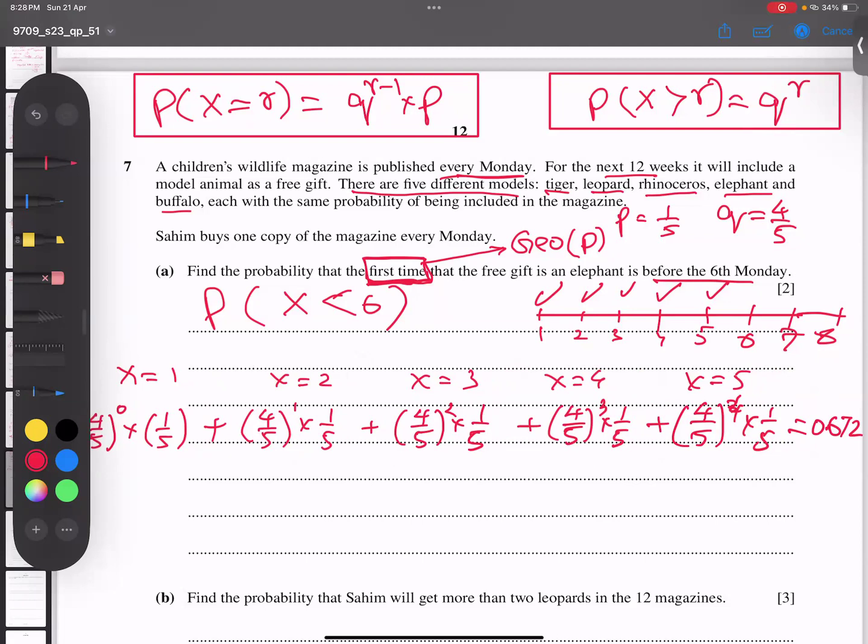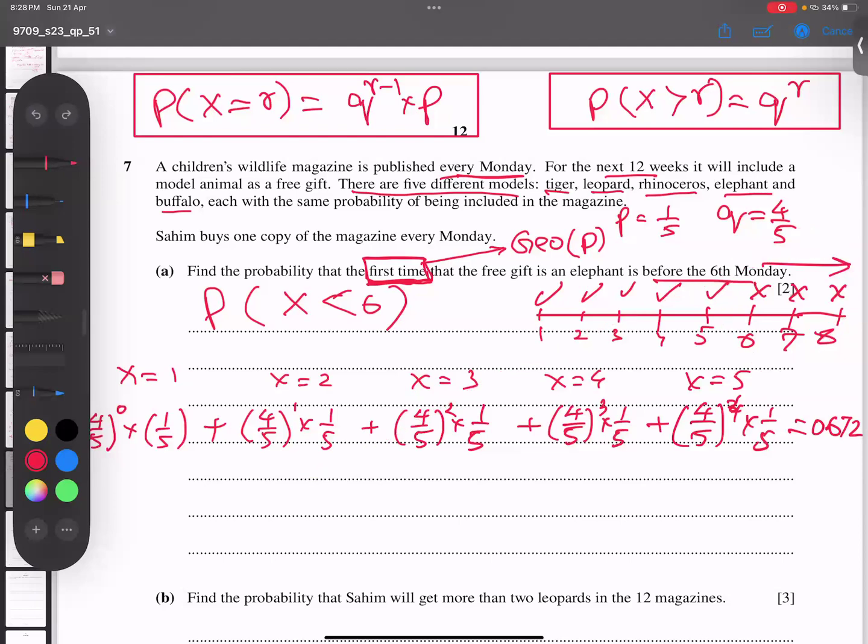But we have another technique. Students, 6 I don't need, 7 I don't need, 8 I don't need, onward all these values I don't need. These are bigger than 5.